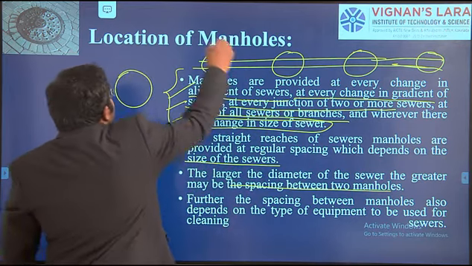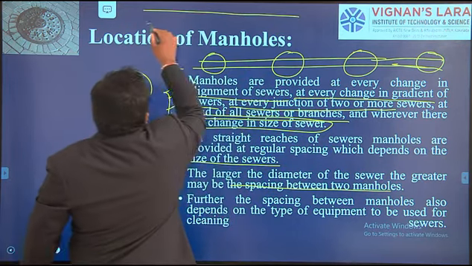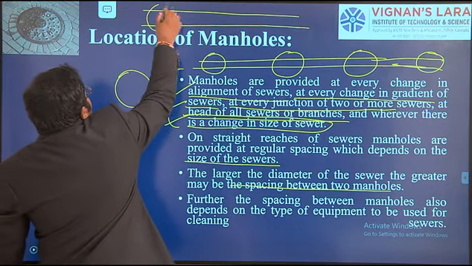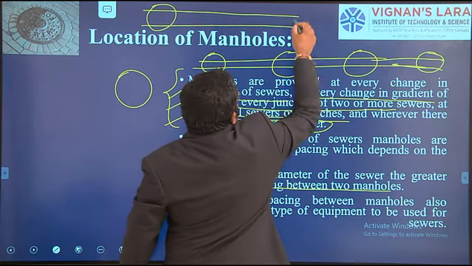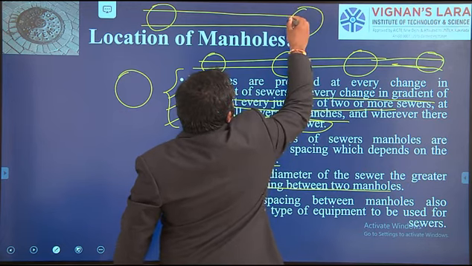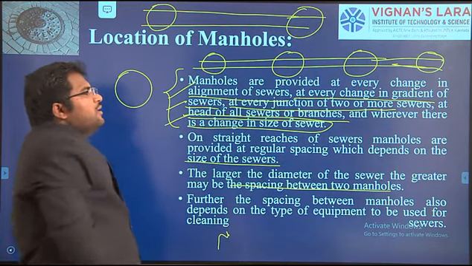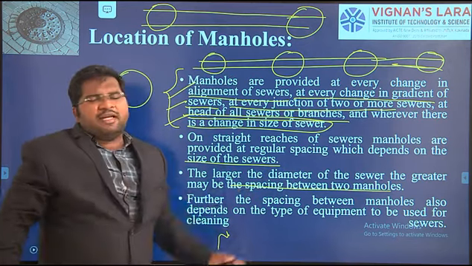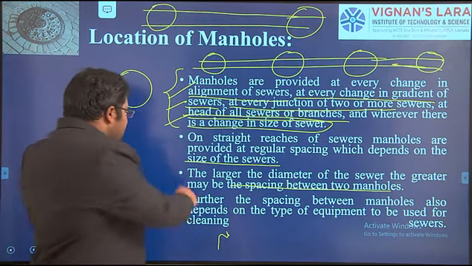If I increase the size, compared to this one which is big, then if I construct one here, another manhole will be at some other location like this. So as the size of the sewer increases, the spacing also increases.